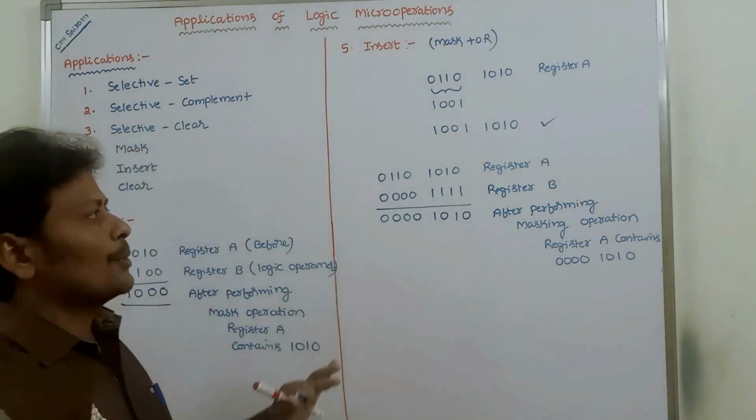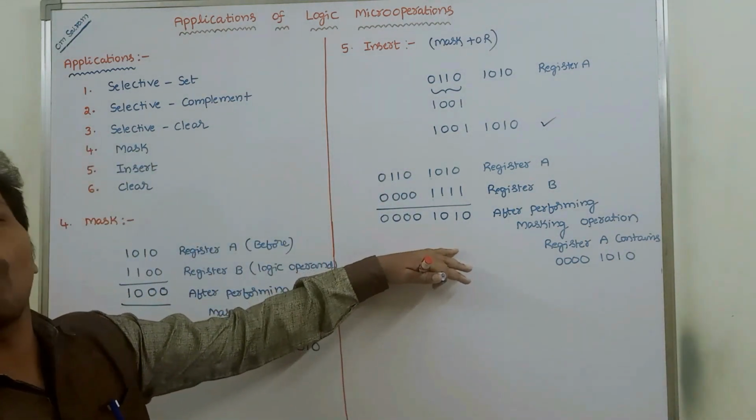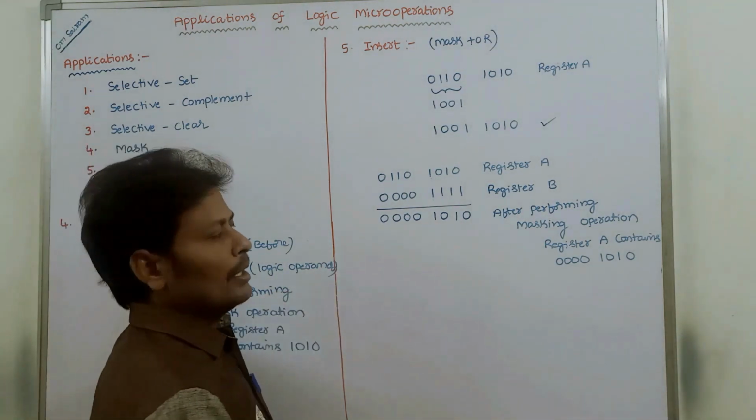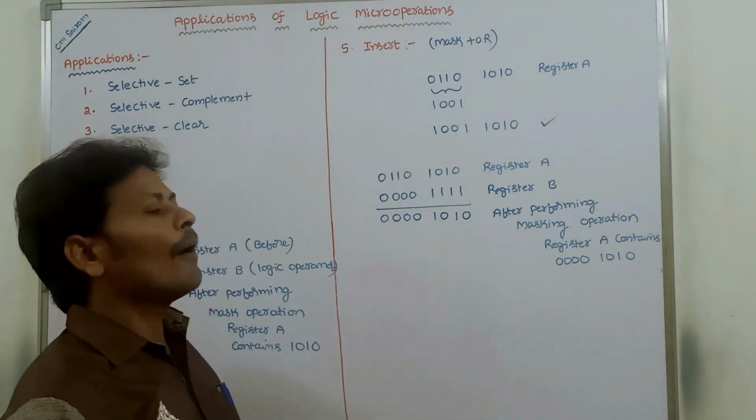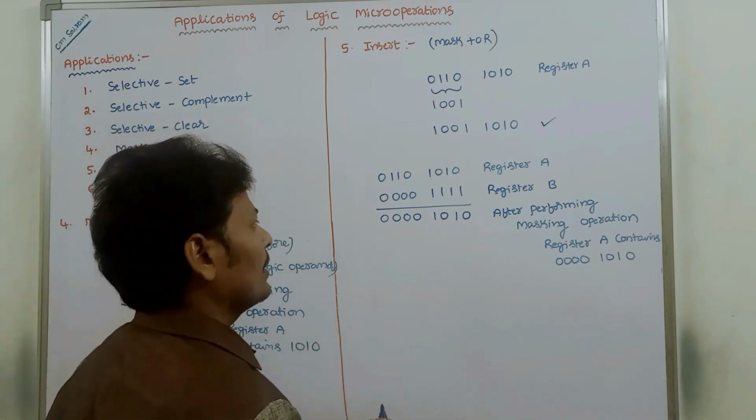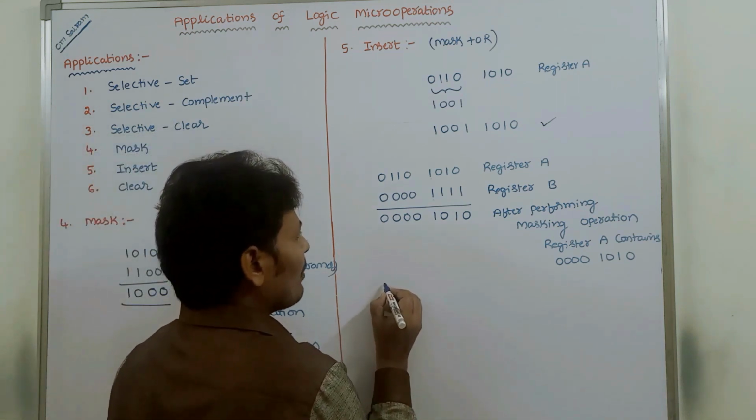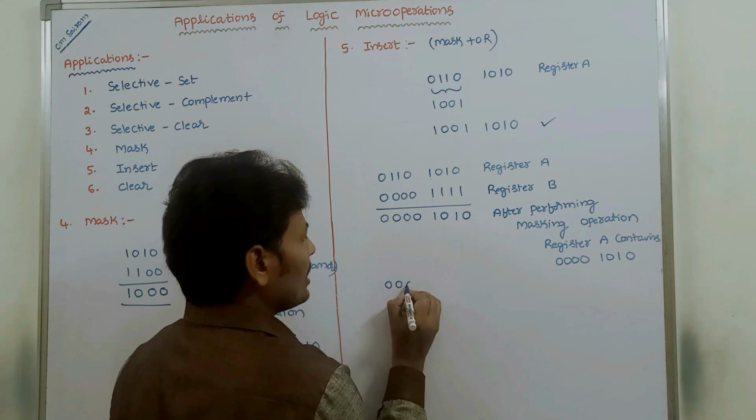Okay. So up to now masking operation is completed. Now we have to perform the OR operation. Okay. So after performing masking operation, what is the result we are getting?